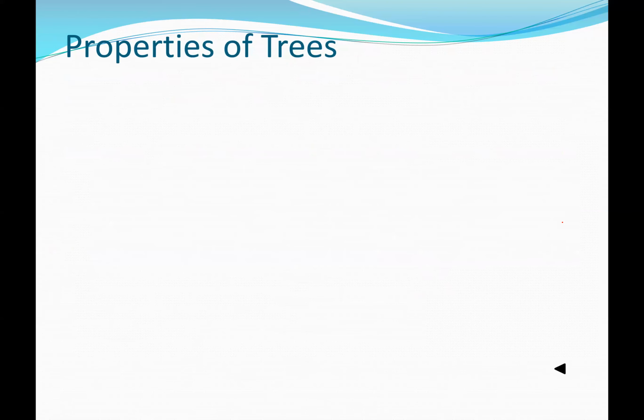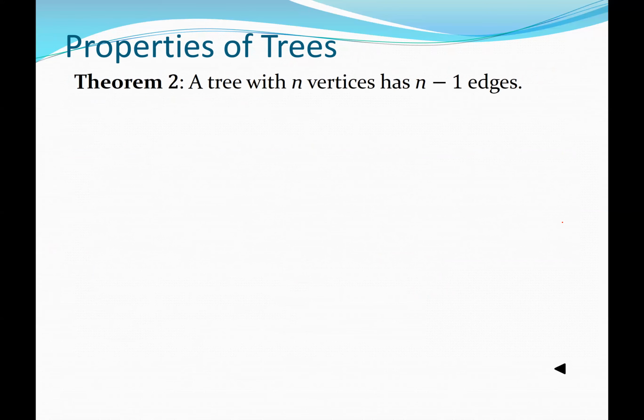All right, and a few properties of a tree here. A tree with n vertices has n minus 1 edges. Because if you had n edges on n vertices, you would create a simple circuit already, so that doesn't really define a tree, right?